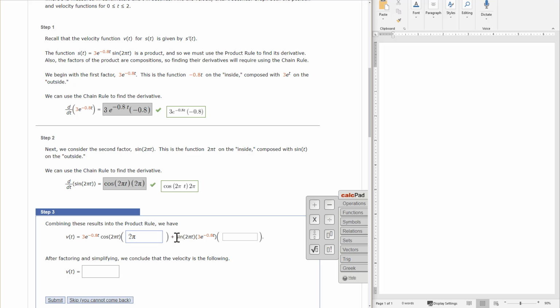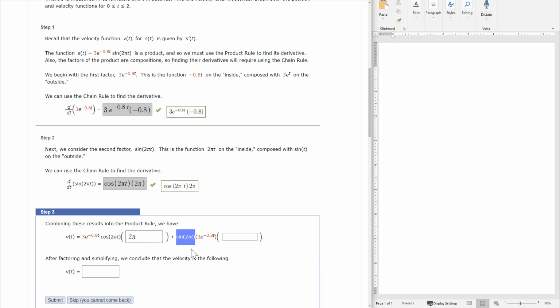And then the second function times the derivative of the first. In this blank space they want us to find the derivative of the inside. So that's a negative 0.08. Oops, negative 0.8. So that's what we have.